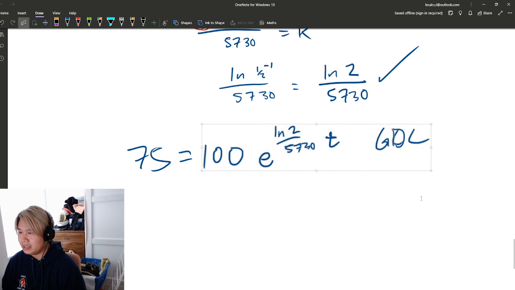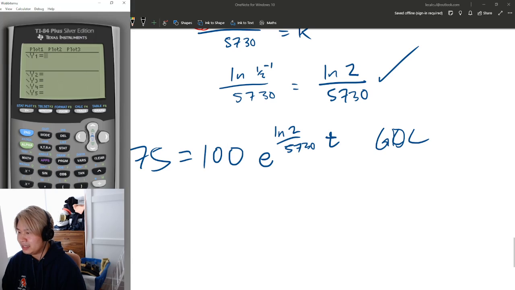So I'm going to graph this side with my variable t, which will be x. So 100, and then where the heck is e? E, k, natural log 2 divided by 5730, okay, times x. Okay.